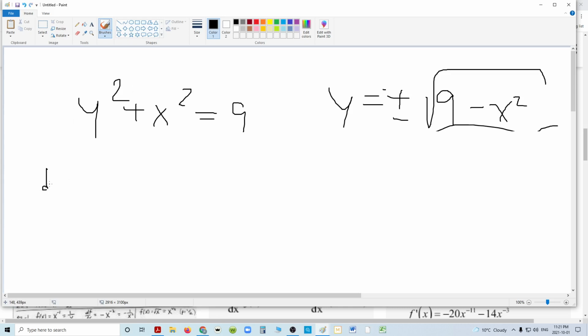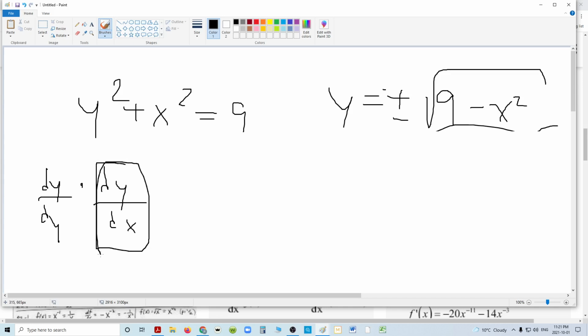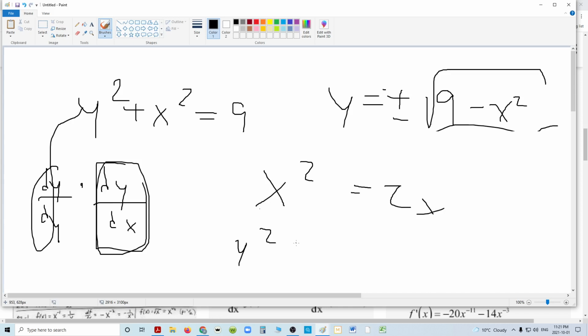I must take the derivative of y based on y, and then multiply it by the derivative of y based on changes to x. So this little thing stays here. There's not much I can do about it. But the derivative of y here, based on y, is the same as you would do for x squared. It's 2x. And for y squared, it's 2y. Follows the same rules. Just you do it with the y.